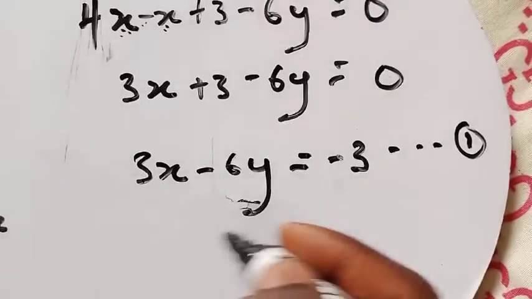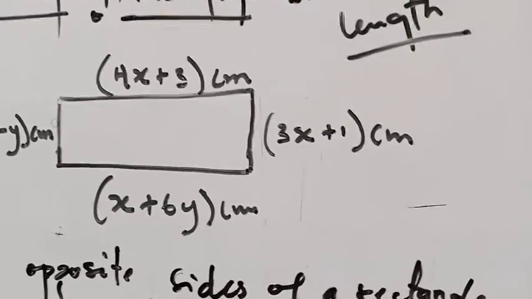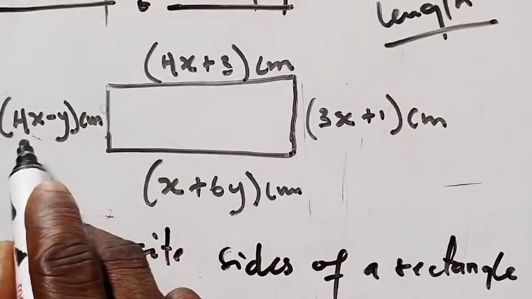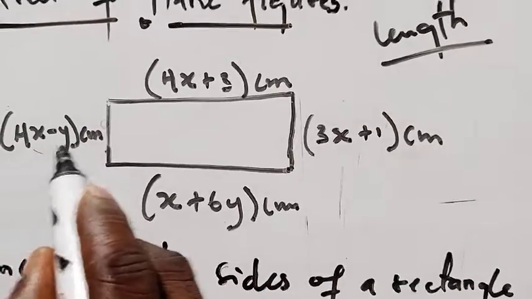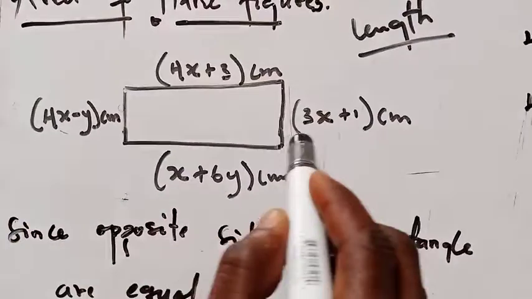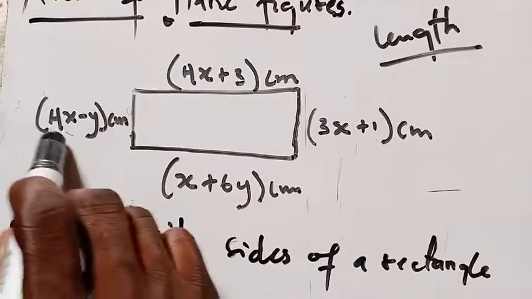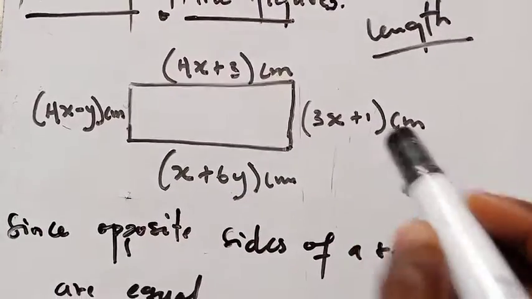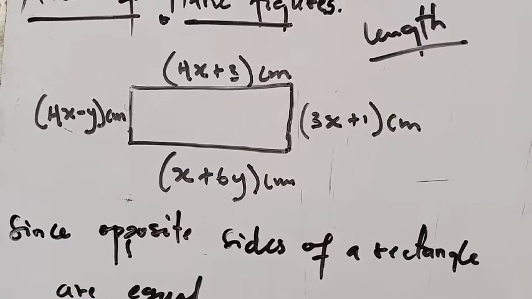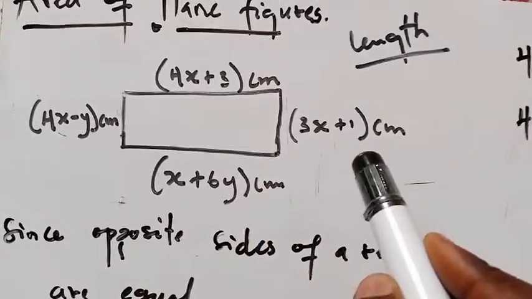Since we've not arrived at our final answer, we can proceed to the question and see if we have other information available. Here we have another piece of information: this guy here is also equal to this guy, right? Based on the definition of a rectangle, this guy here is also equal to this. So maybe you should pause the video and come back to see the answer that you get at the end after equating this one to this.